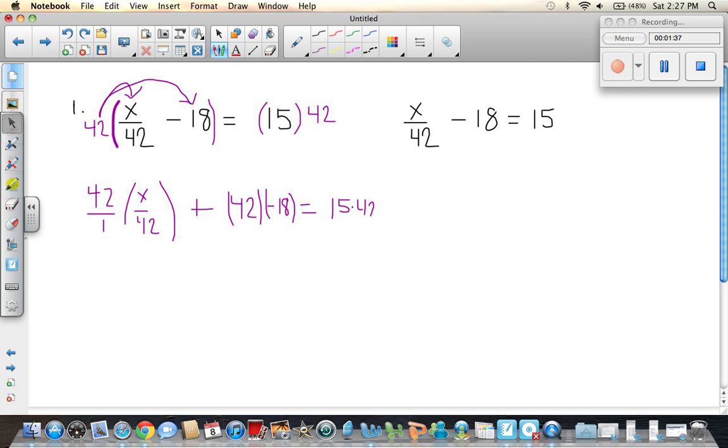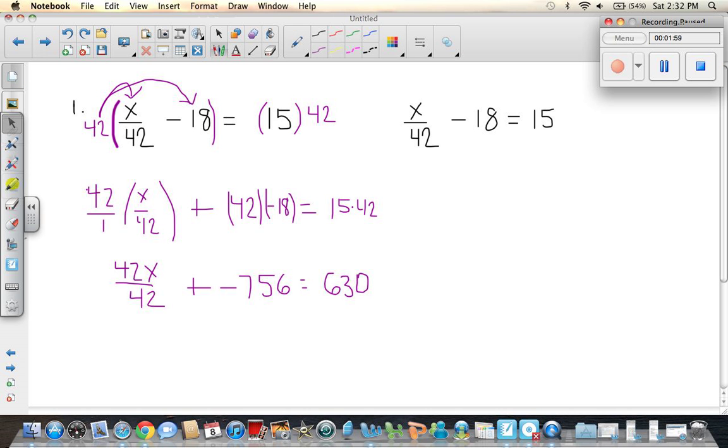On the left side, the 42 multiplied by the x is equal to 42x. And then in the denominator, 1 times 42 gives us 42. So the 42 times the negative 18 is the negative 756, and then 15 times 42 gives you 630.